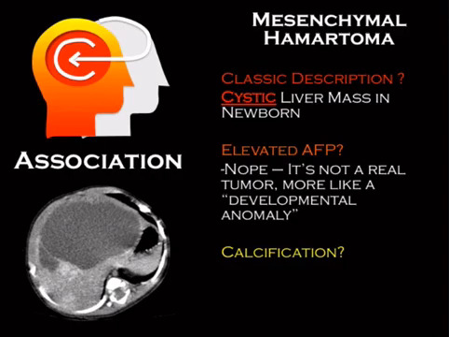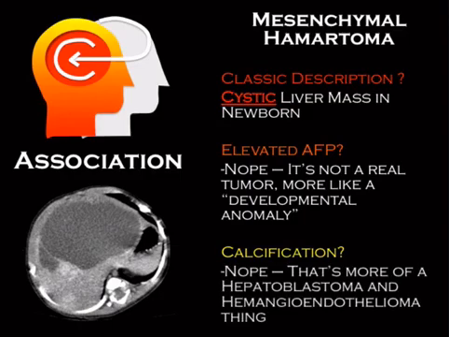Does it calcify? We said that hemangioendotheliomas can calcify. No, and that's more of a hepatoblastoma and hemangioendothelioma thing. These things are cystic, they're a little different. So out of those other two solid tumors of the liver in a newborn, this is the one that's cystic.